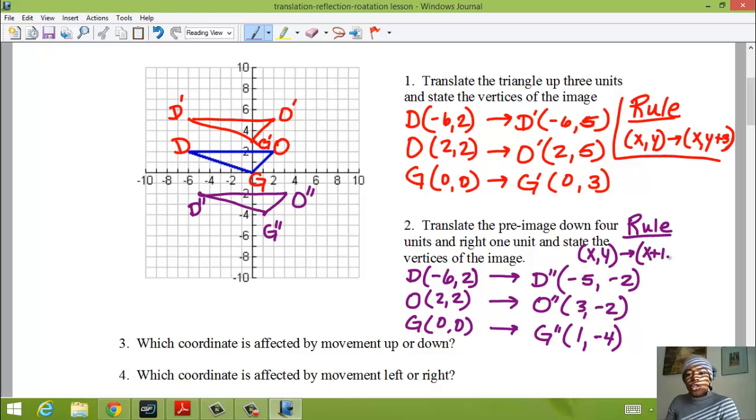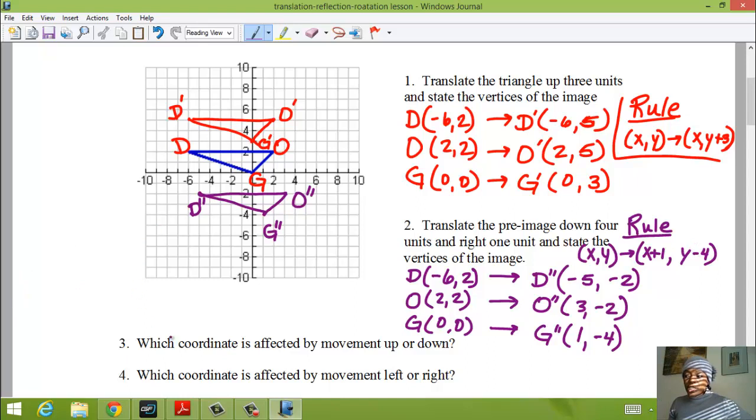And what do we do to the y? Look at how the y coordinates changed. We go from 2 to -2, 0 to -4. What did we do? We subtracted 4. So this would be the rule for this particular problem.